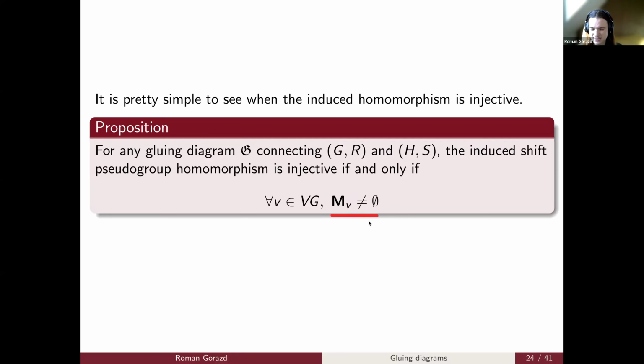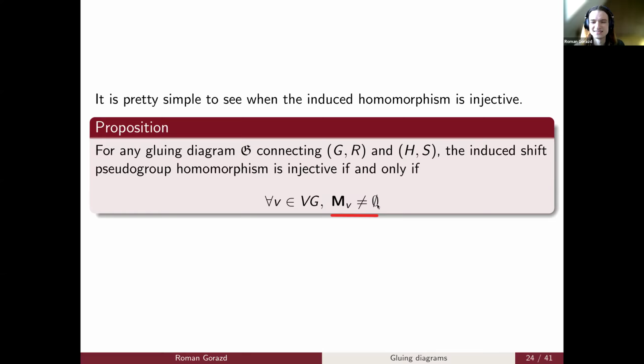It's not very clear from the way I introduced it right now, but it gets pretty clear if you look at the path monad. So I won't be doing this proof. You'll just have to trust me, or read the paper. It's going to be out soon.